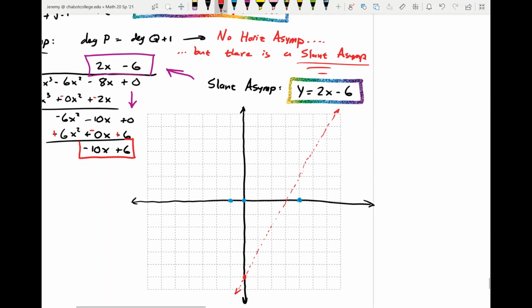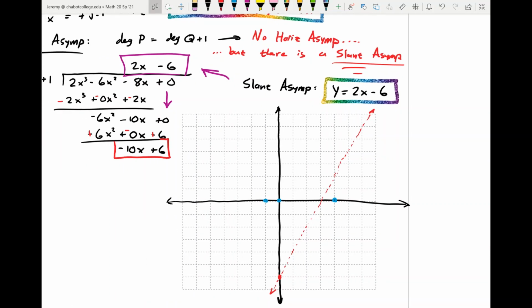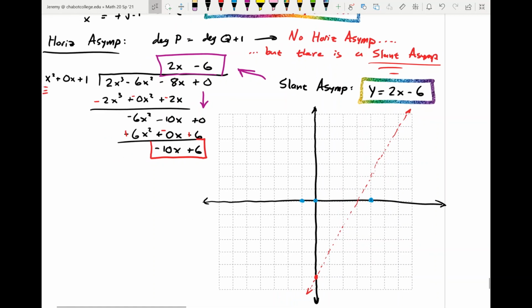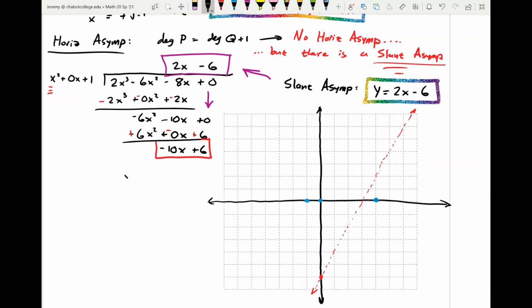So I'm going to do a table of values now, and okay, what areas do I need to know about? Because I honestly don't have any idea what the behavior is going to be like for this curve here. So I'll start a little table of values over here. I want to know what's happening to the left of that far left 0. So I'll plug in -2, -3, -4. Maybe that's enough for now.